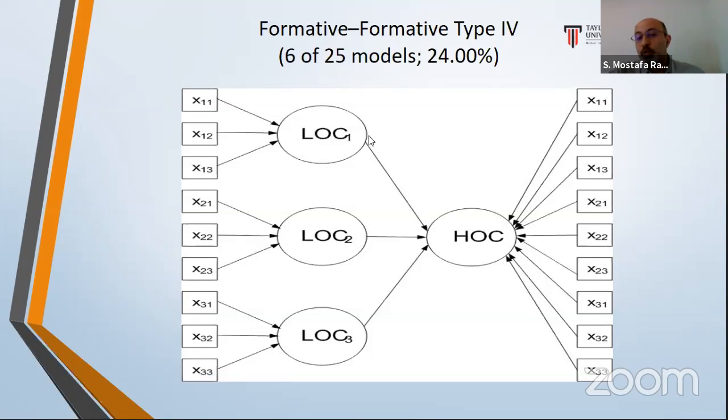If we don't use this one, we don't have any problem including different types of dimensions in the first layer, and these different types of dimension can establish second order formatively or reflectively. For example, the first LOC can be formative, the second one reflective, and the third one also reflective, and these three establish this HOC, this higher order, reflectively or formatively. So it's just something to think about.